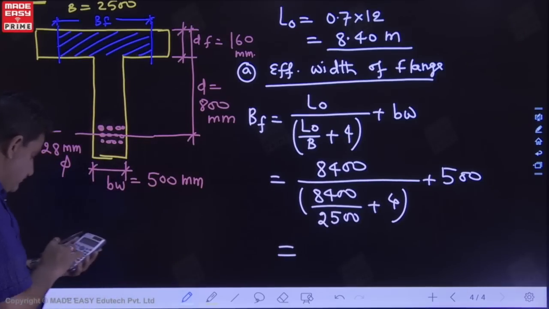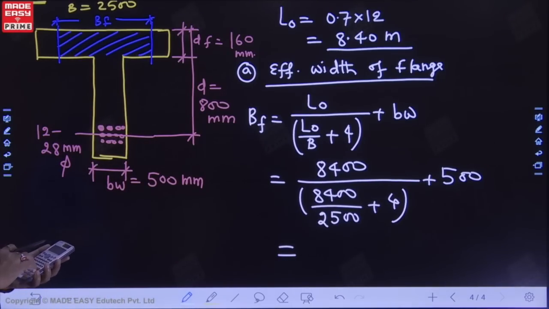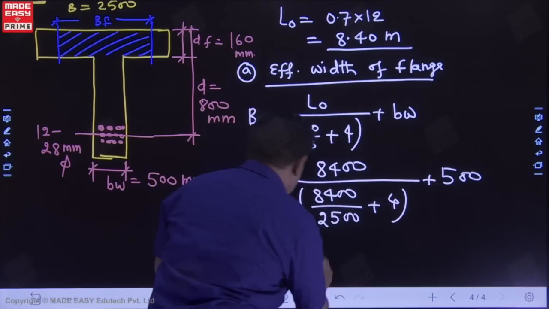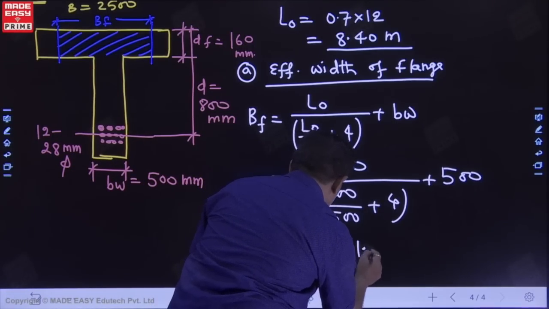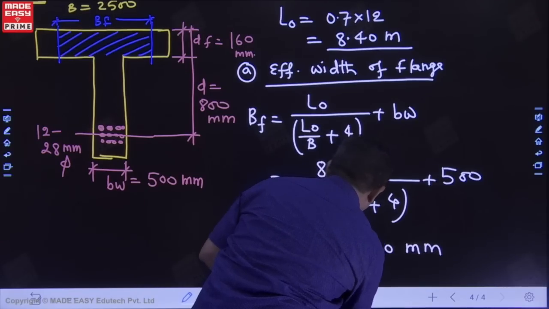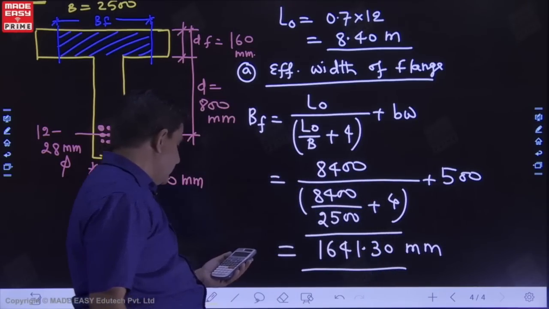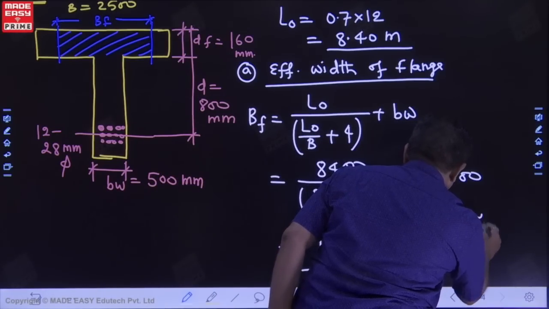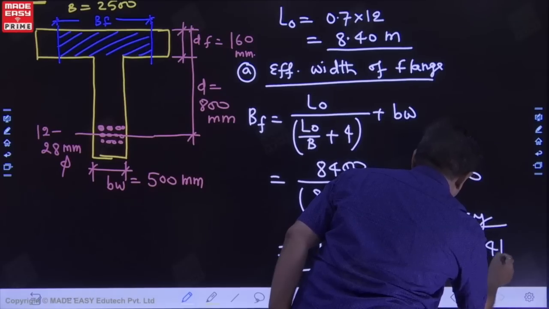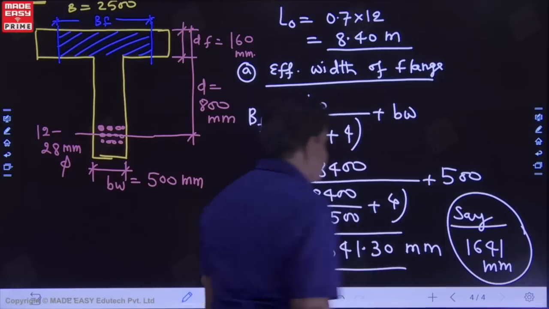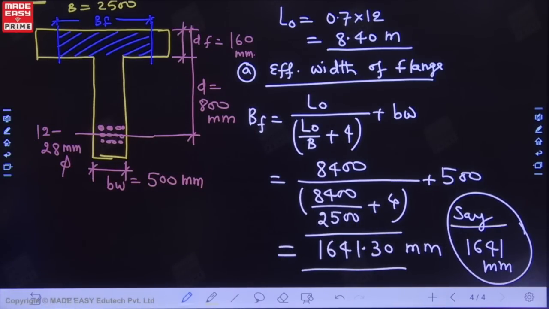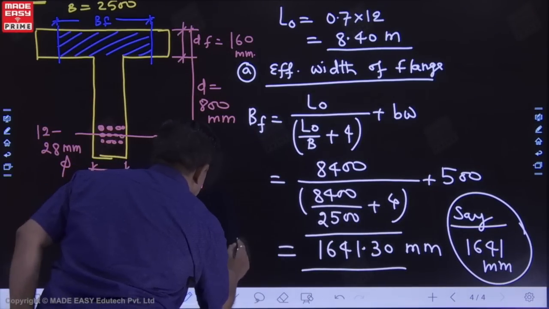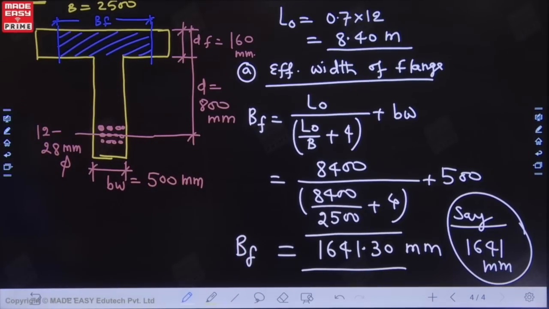So this is equal to 8400 divided by 2500 plus 4 plus 500. The value comes 1641.3 mm. Okay, so we can take a round figure, say 1641 mm. Let's take this value 1641 mm as effective width of flange, the BF value that we will consider in the analysis.